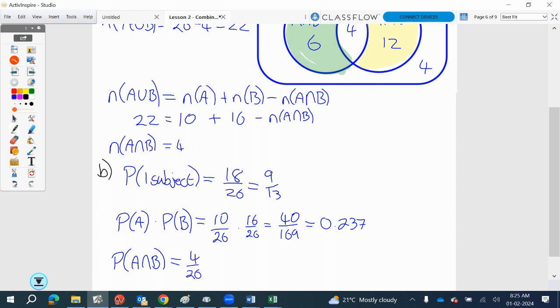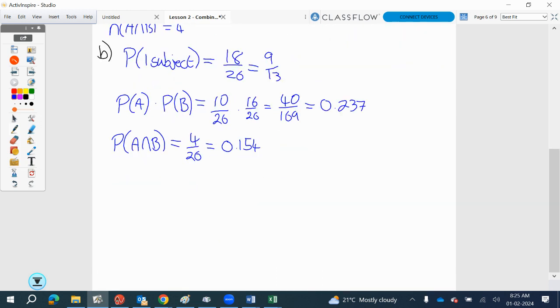What is that as a decimal? 0.154. You must always give 3 significant figures, rounded correctly. You'll lose the last point of every question if you don't.